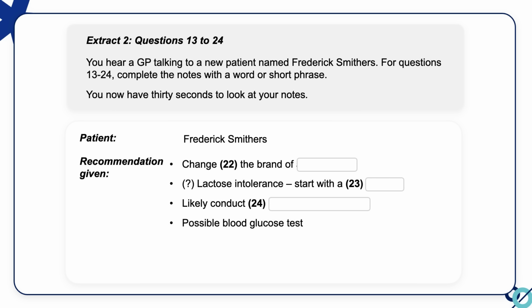However, if we're still uncertain, we'll likely carry out a hydrogen breath test and possibly even a blood glucose test to be sure, and we can take it from there. Okay, thank you, Doctor. I hope it's something so simple. I really appreciate you.